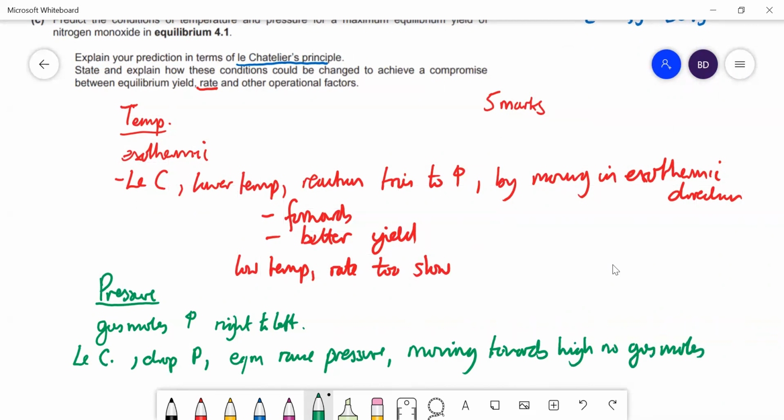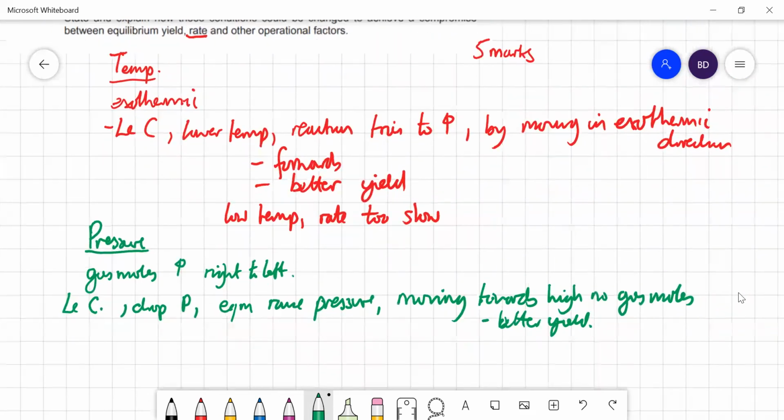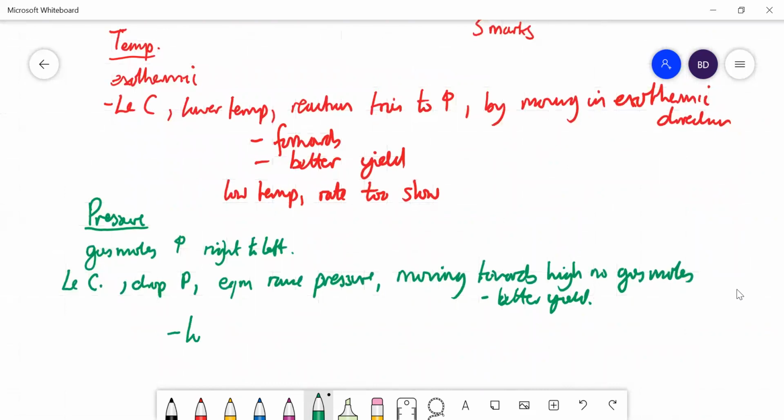So in other words, at low pressure we'll get a better yield. However, it might not be done at a low pressure, because at low pressure the concentration of the gas molecules is low, and the rate of reaction may be too low.